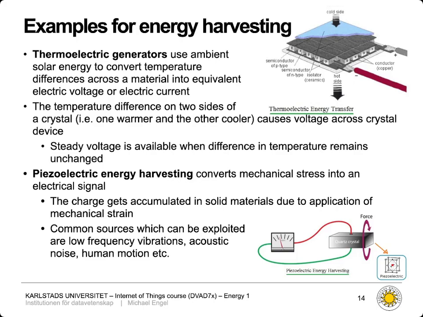The temperature difference means we can extract energy from this, so the temperature difference across this material from the hot to the cool side can be used to generate an electric current. And this can actually result in a steady voltage even when the difference in temperature remains unchanged across the chip.